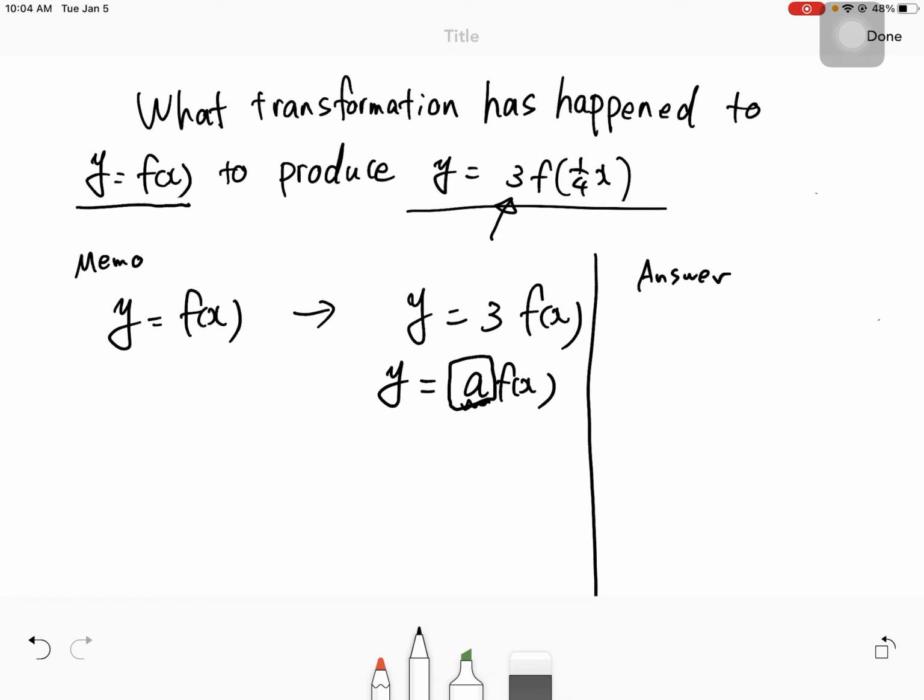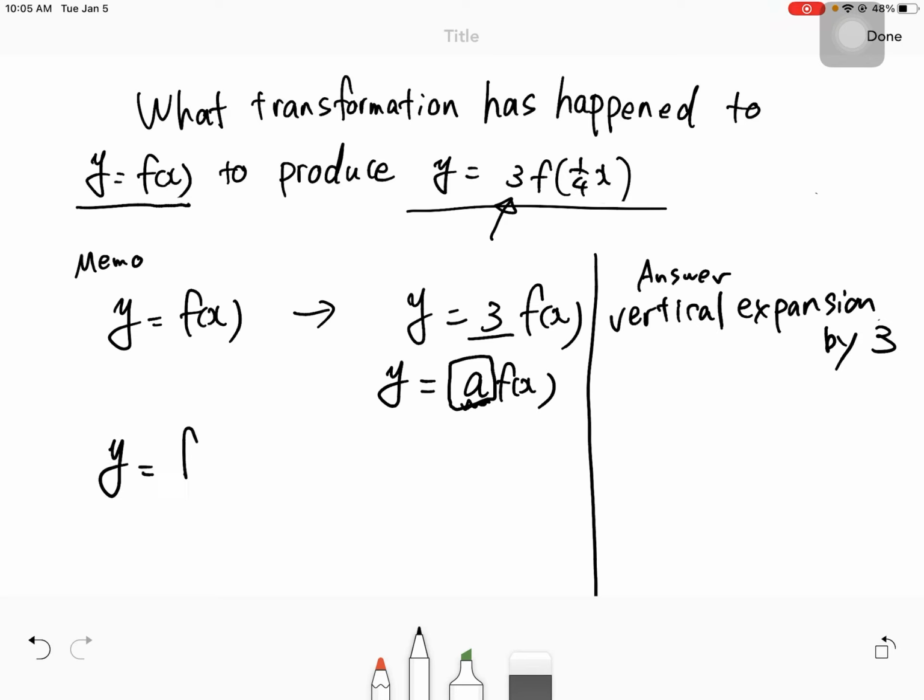On the other hand, if this value is smaller than 1 and bigger than 0, it's going to be vertical compression. In this case, this number is 3, which is bigger than 1, so it's going to be vertical expansion. And in the case of vertical expansion and compression, the factor is 3.